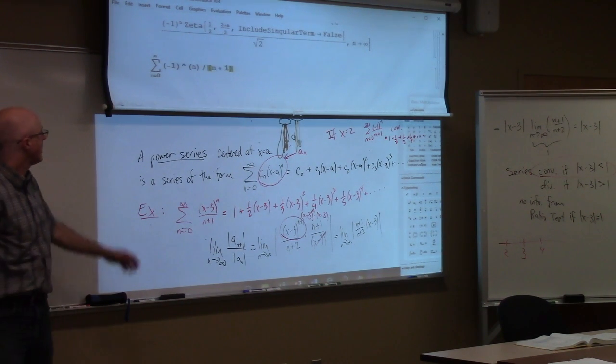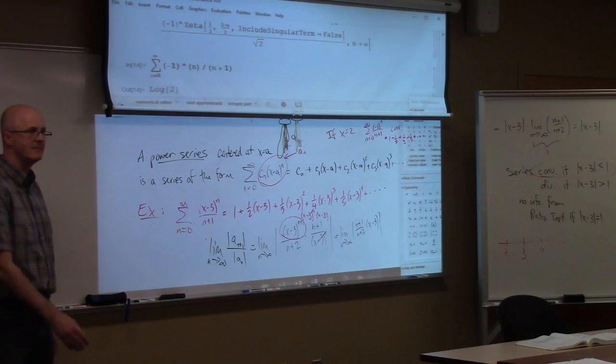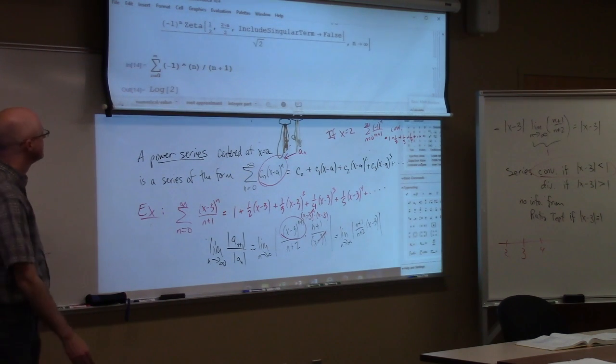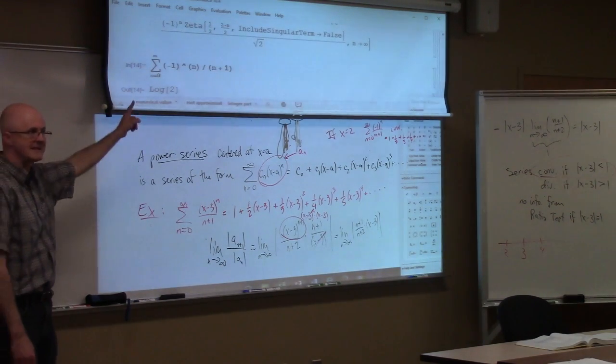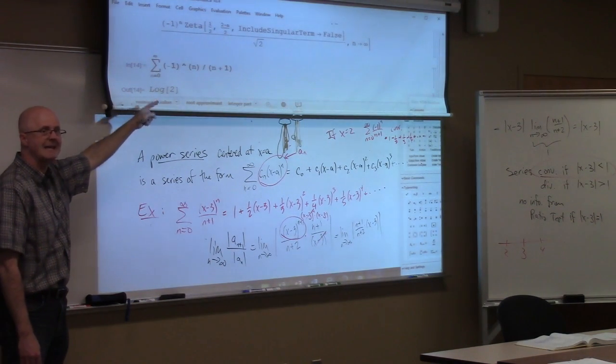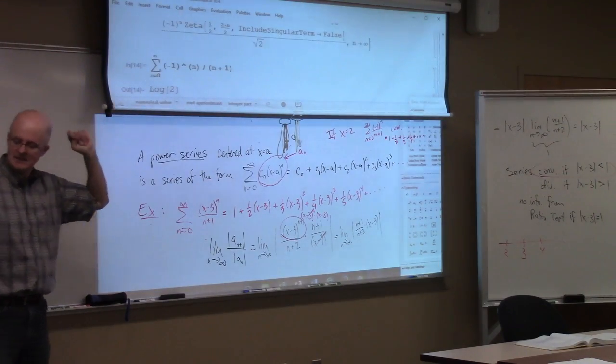I think this is going to be log 2. Yep, I remember correctly. Alternating harmonic series converges to natural log 2. This is a natural log. Mathematica does log it. Natural log as log.